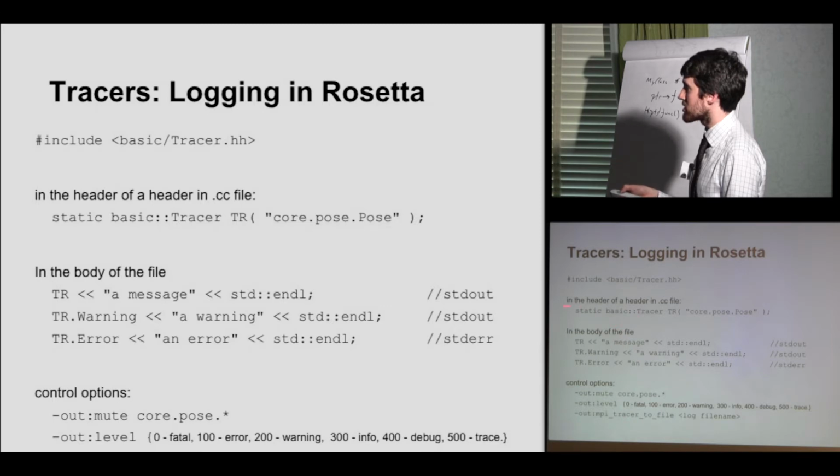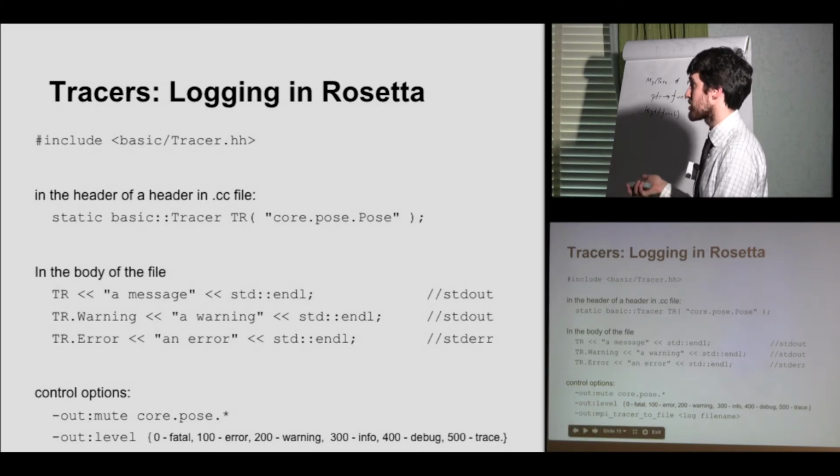Then towards the top of your CC file, not in the header, you would define a static tr tracer. The constructor takes in a string which tells you which class this is for.